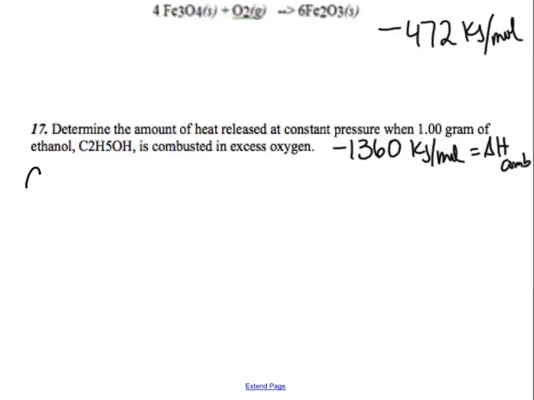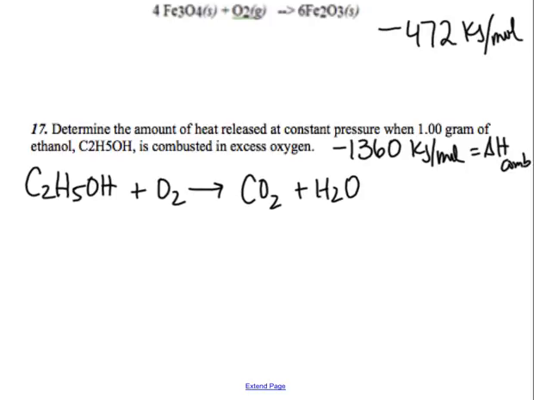Let's go ahead and get a balanced equation. What does it mean to combust ethanol? Add O2, so what are we going to make? CO2 and H2O. All right, so to balance, I need 2 of those, 3 of these.